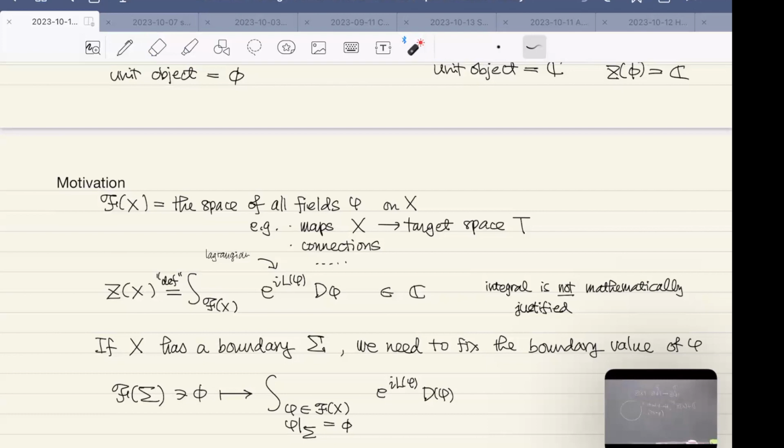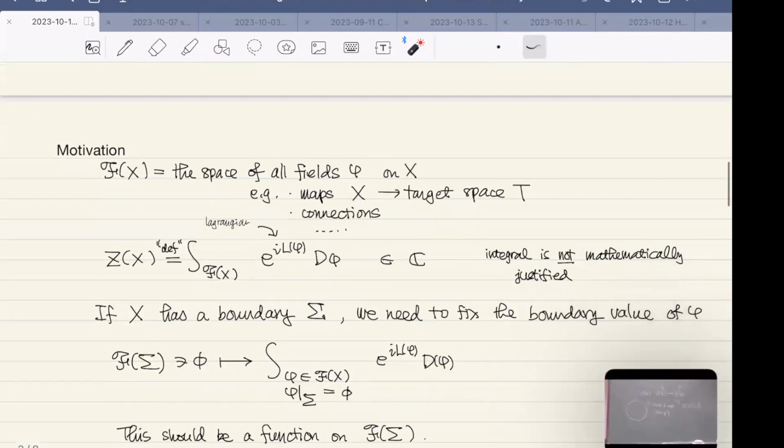This is an infinite dimensional space, and this d phi is some measure, and you can show that such a measure with appropriate properties doesn't exist on this space. So this is just a heuristic expression. But if you accept this as some integral over some space, then it should give a complex number. So this is a heuristic definition of Z of X as a complex number.